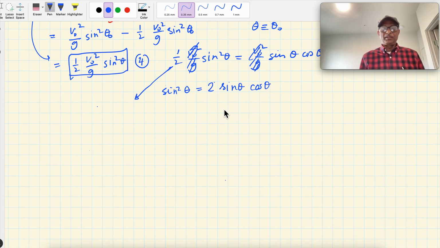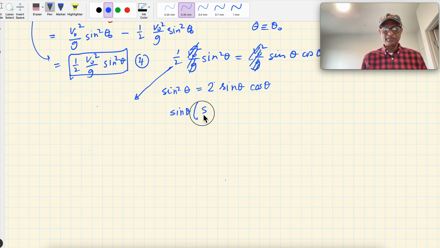You know, at this point you can proceed several different ways. You can bring this to this side: sine theta minus 2 cosine theta equal to 0.